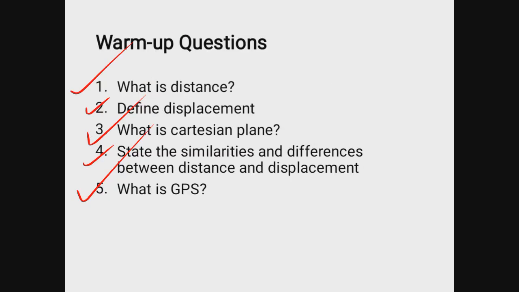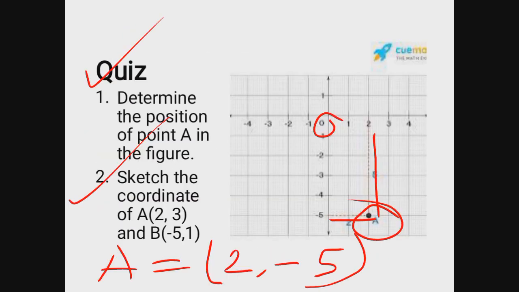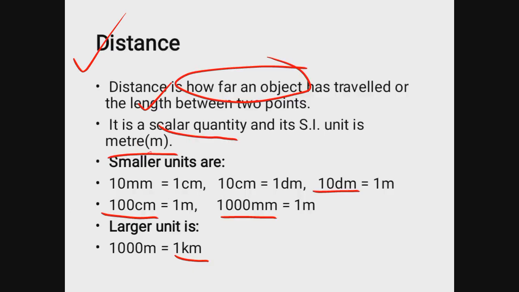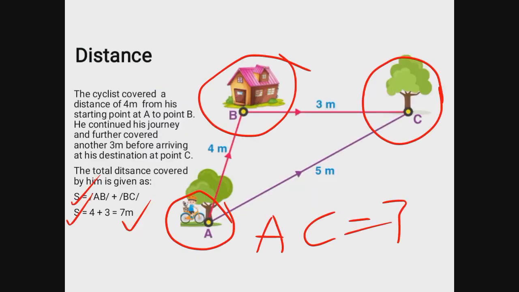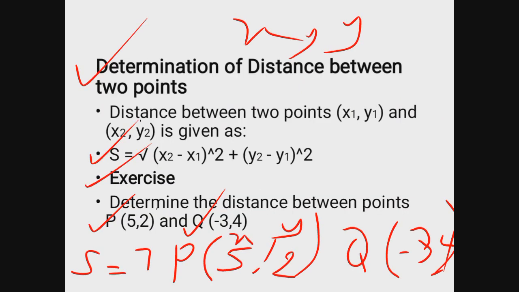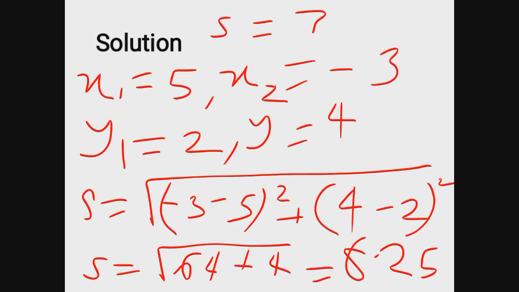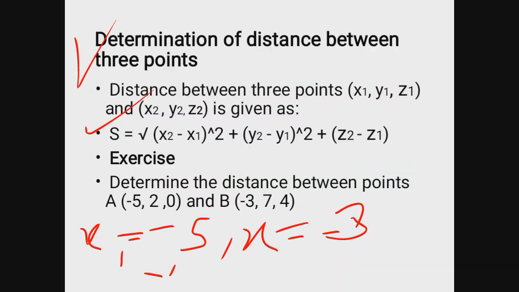We first looked at how to determine the position of an object on the third slide. Then we went ahead to look at how to calculate distance covered by a moving body. We also looked at distance between 2 points, probably on a plane, and distance between 3 points, probably an object in space.